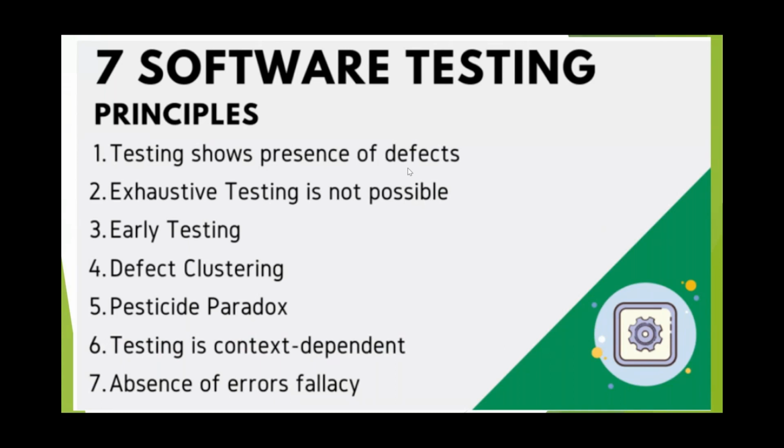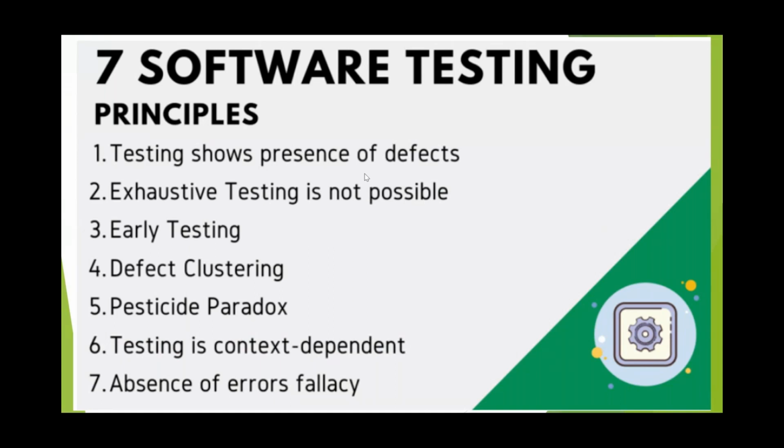What I mean is that testing shows the presence of defects. If you are testing software, we will definitely be finding defects in it. On the other hand, if we fail to find a defect, it doesn't mean the software is bug free or defect free.